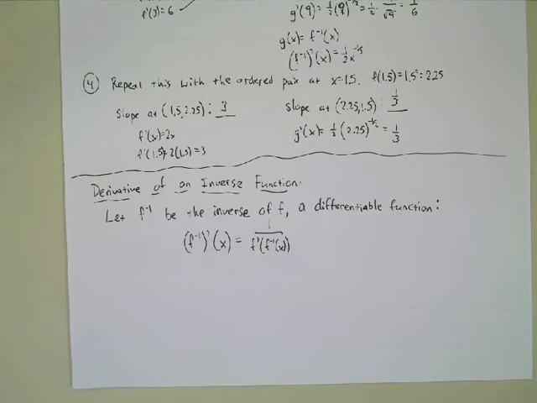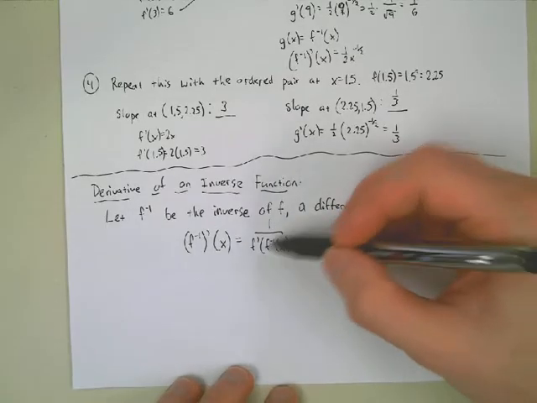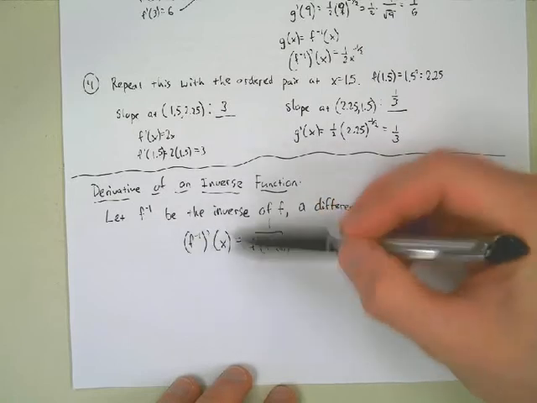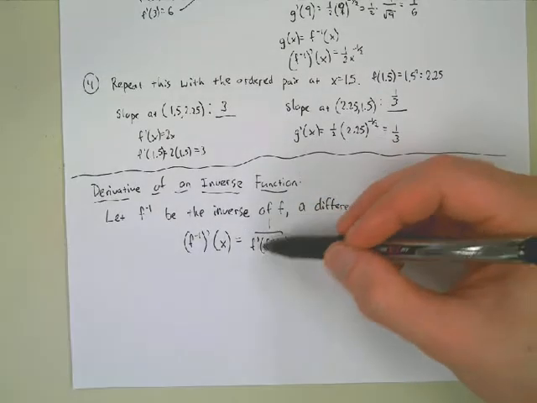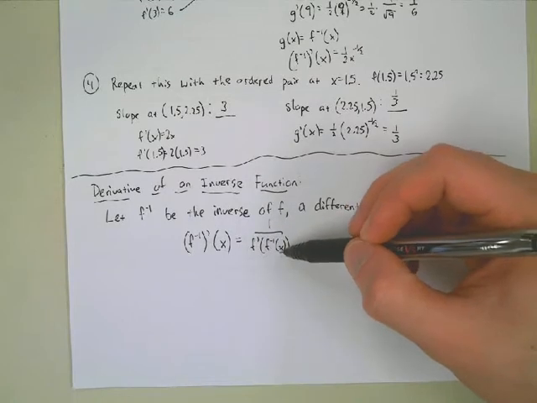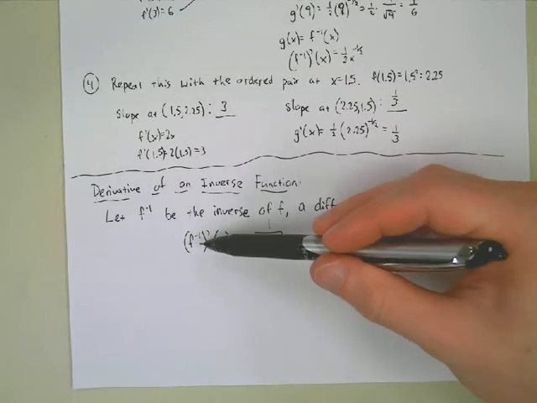There's that reciprocal idea. The 1 over the slope of the function at a particular point is equal to the derivative of the inverse at the inverse point.